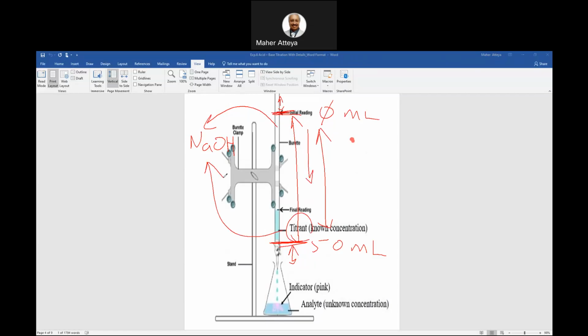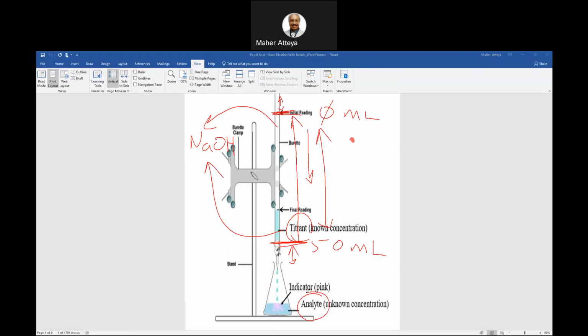Sodium hydroxide, your titrant, is the one whose concentration you know, and your unknown concentration is called the analyte. So you have to differentiate between the two. The analyte is the unknown concentration, and the titrant is the known concentration.